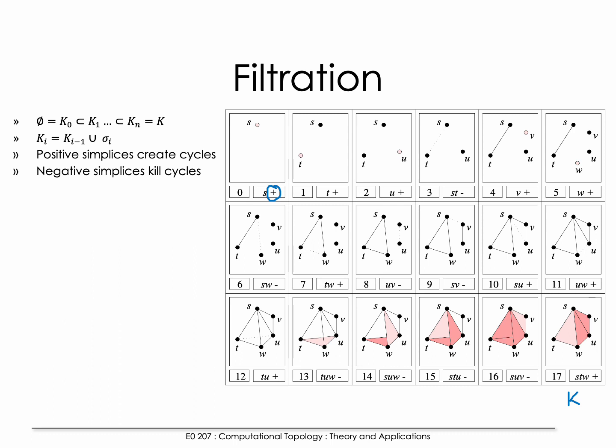The next vertex that is inserted is T, which also happens to be positive. In fact, all the vertices have to be positive simplices. Next, step 2, a third vertex U is inserted, which also happens to be positive. Step 3, you insert the edge ST.